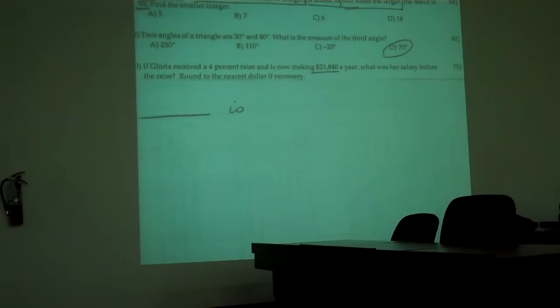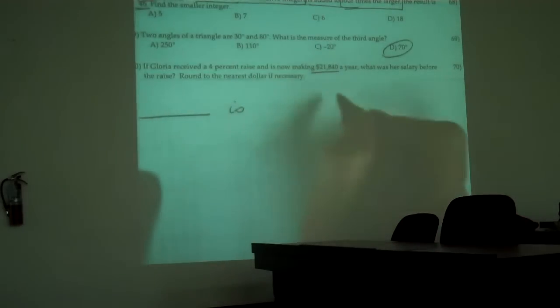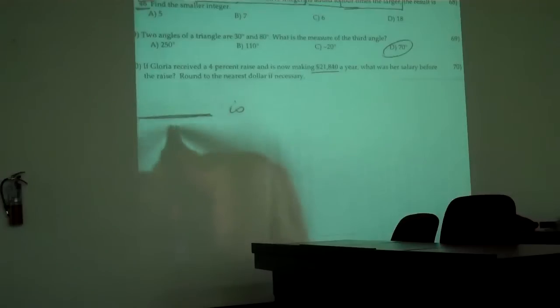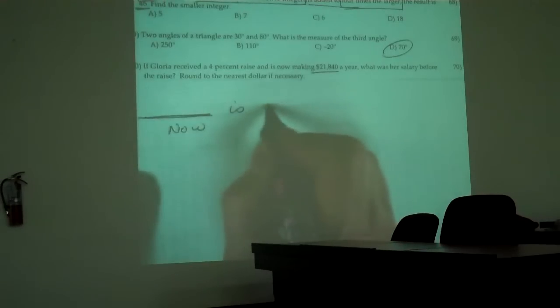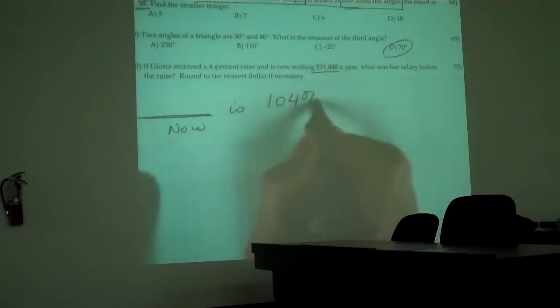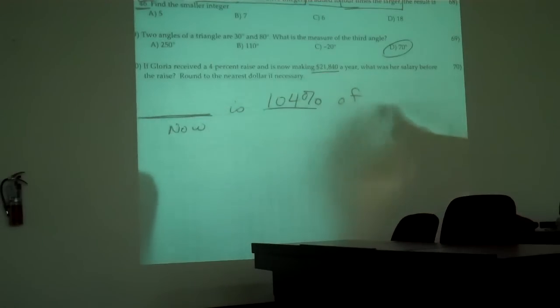Okay, that was for adding 35% to it. She got a 4% raise, and now she's making $21,840. So this would be 100% plus 4% is what she's making now, right? Her salary now is 104% of what it used to be.